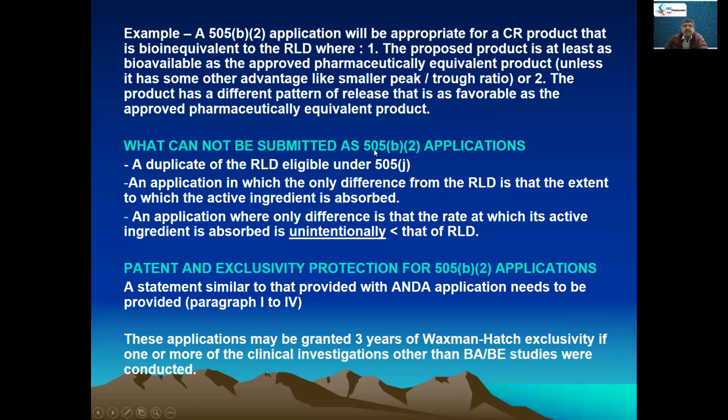What cannot be submitted as a 505(b)(2) application? A duplicate of the RLD that is eligible under ANDA should not be submitted as 505(b)(2). An application in which the only difference from the RLD is the extent to which the active ingredient is absorbed, or an application where the only difference is that the rate at which its active ingredient is absorbed is unintentionally less than that of the RLD.